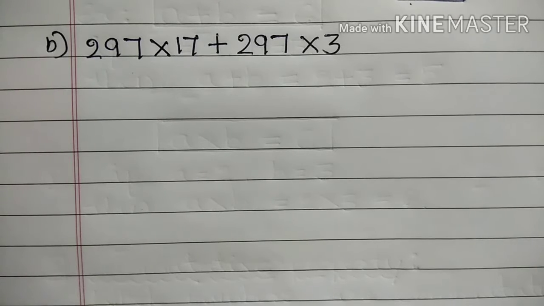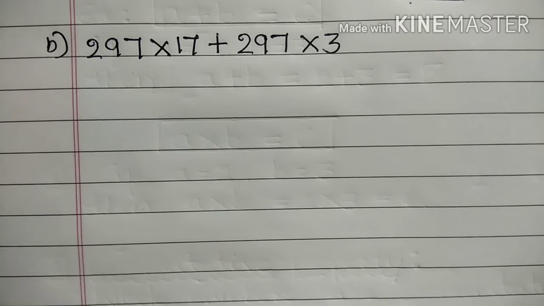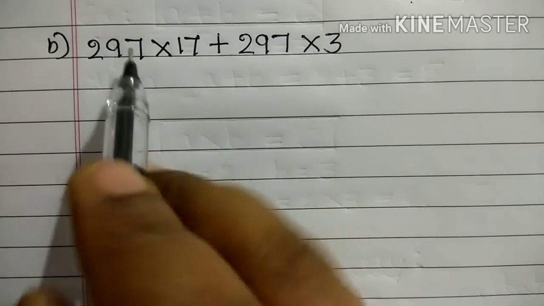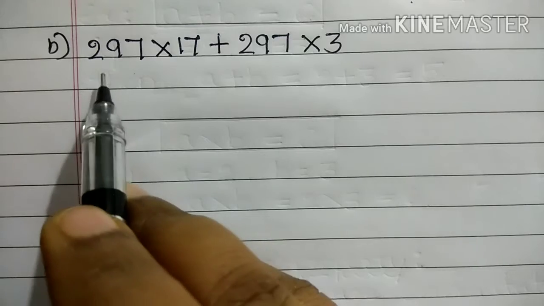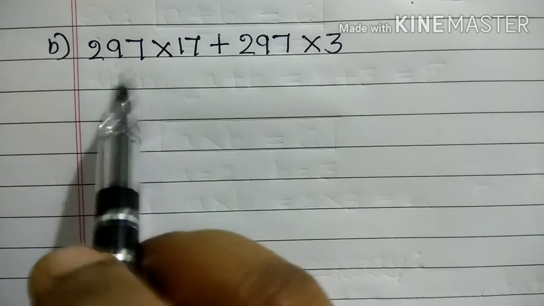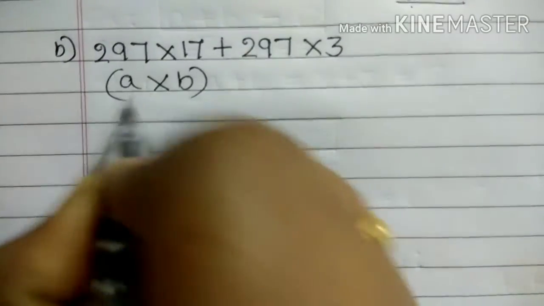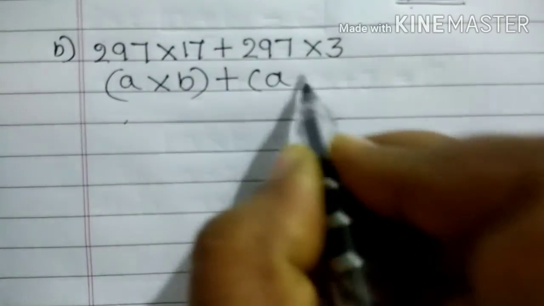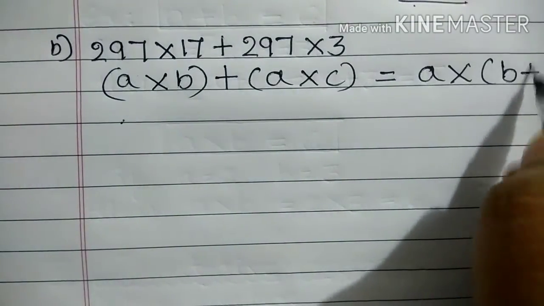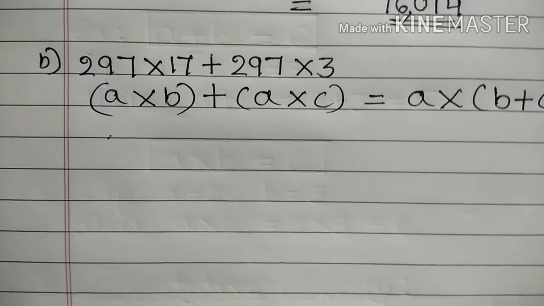So next one, 297 × 17 + 297 × 3. Here we should find the value of the given expression. The given pattern is in the form of the distributive property. So a × b + a × c equals a × (b + c).